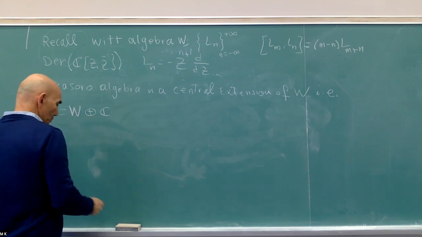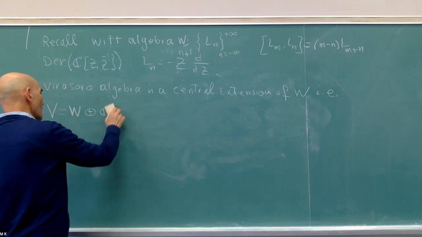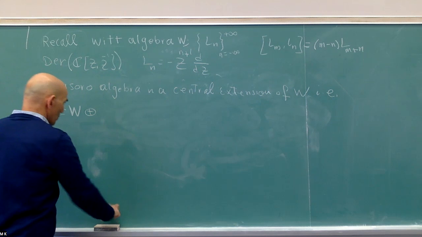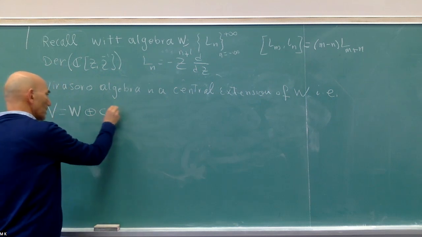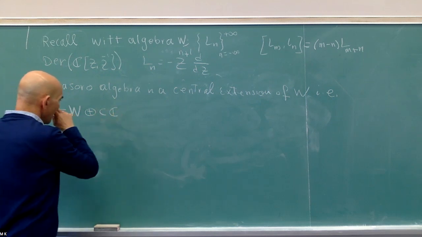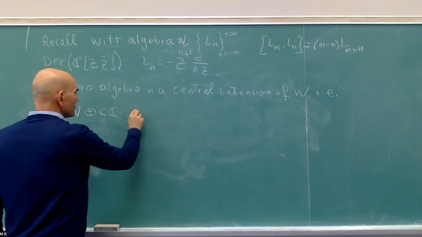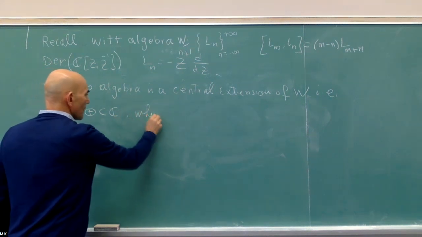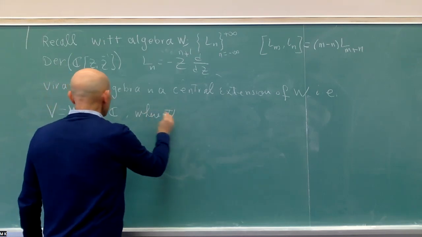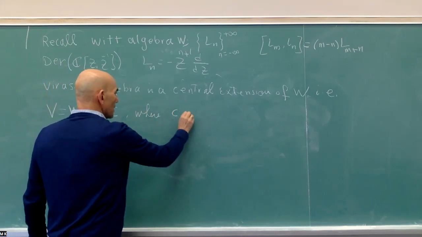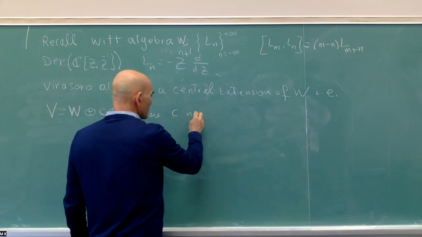So it's W plus C times c, where c is a central element.